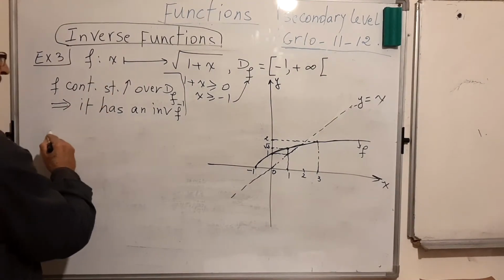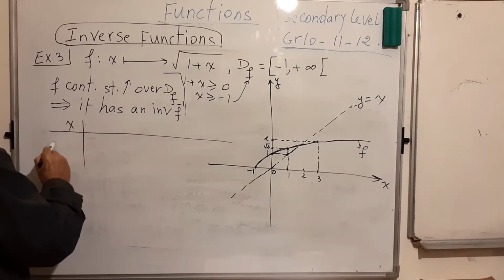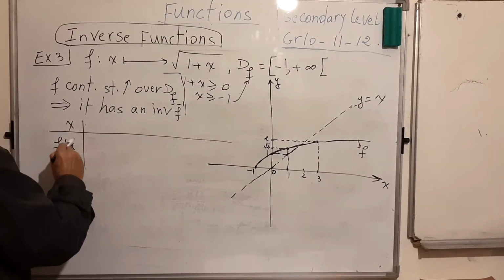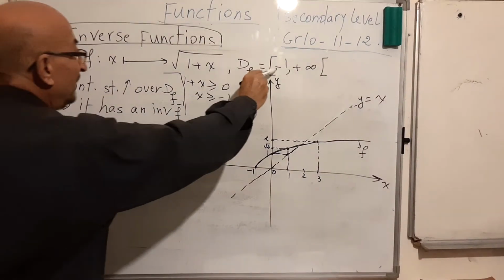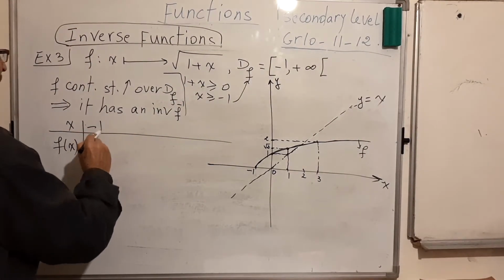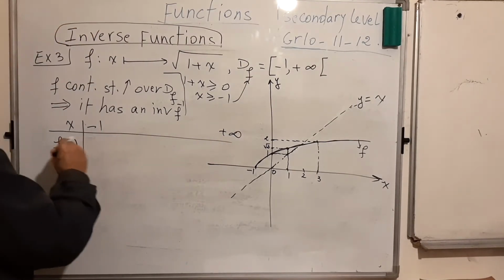The table of variations of f of x varies from minus 1 to plus infinity, the domain of definition of f.